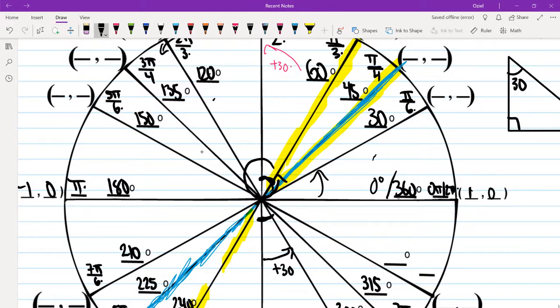So that means that from here to this line right here, you're going to say that it's 330, because then from 330 to here would be 360, just like it is from 0 to 30, because these two are the same, they go the same amounts.